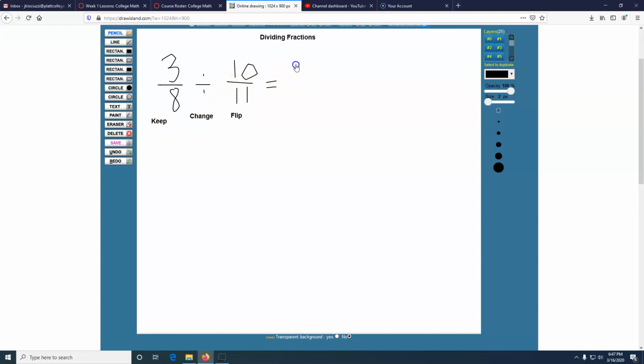So what that becomes is 3 eighths. But now we're going to have times instead of divide. And we flip this upside down to give us 11 over 10.